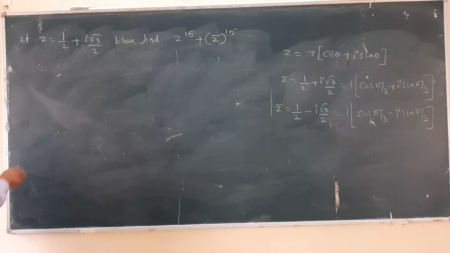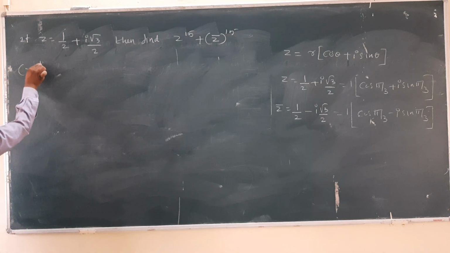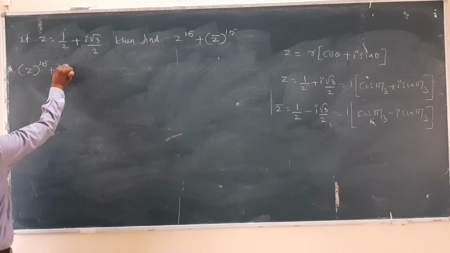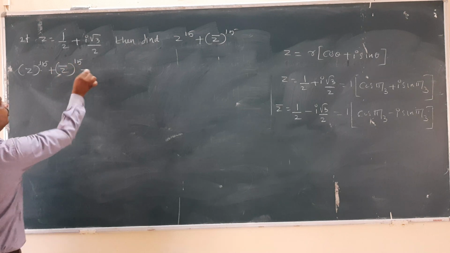Here our question is, we have to find z to the power of 15 plus z bar to the power of 15.